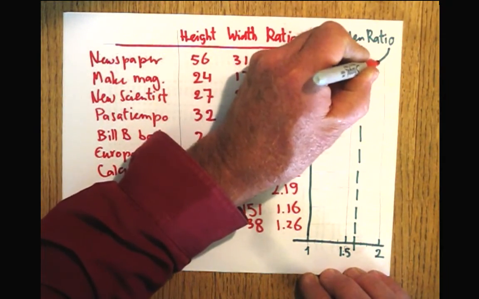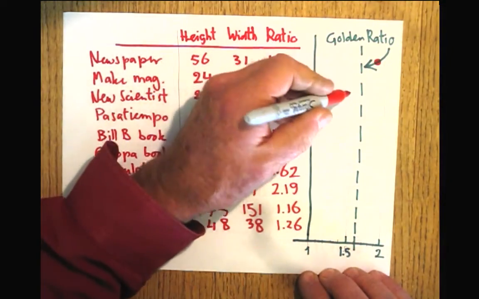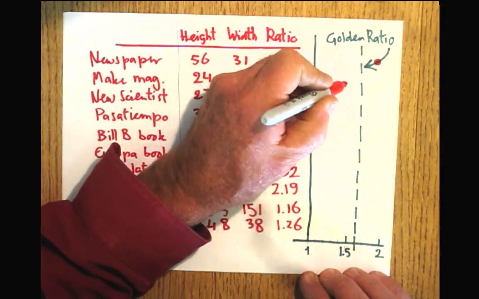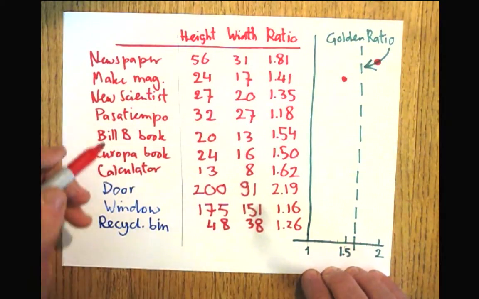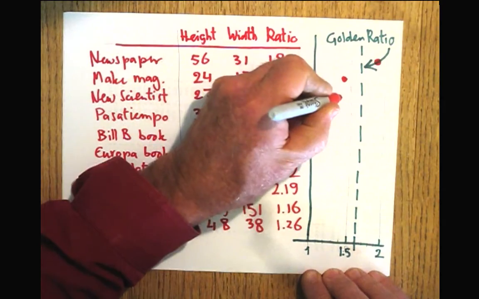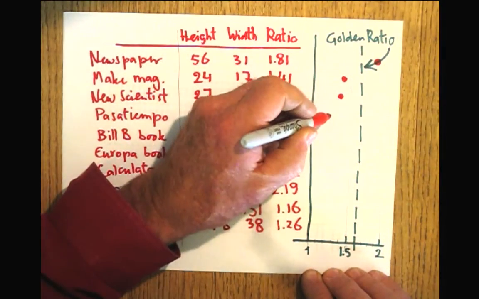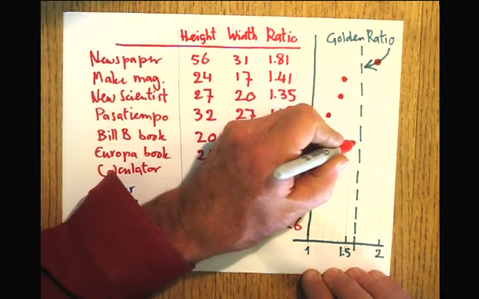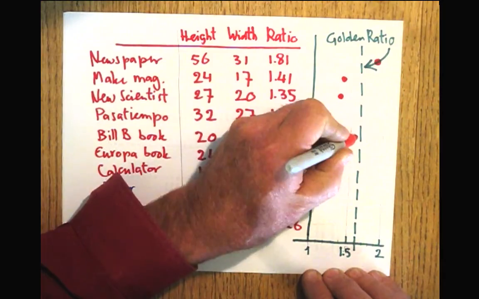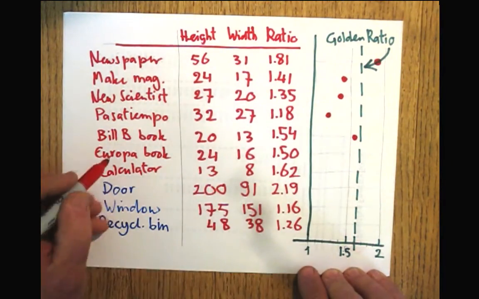1.81 is right here. The Make magazine, 1.41. It was a little less. 1.41 right here. The New Scientist, 1.35, a little less than that. The Pasatiempo, 1.18. Ooh, much lower, right here. The Bill Bryson book, 1.54. See, 1.5 is here, and 1.54 is very close to 1.6, the golden ratio.